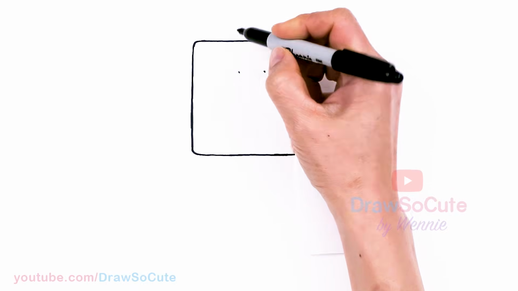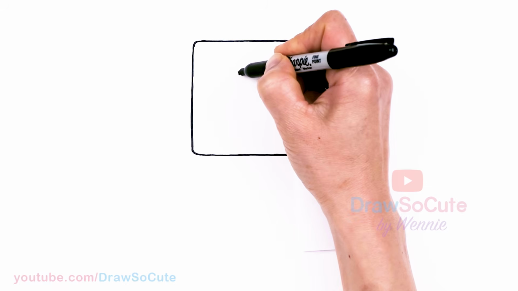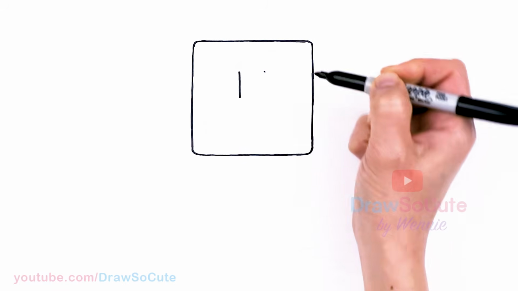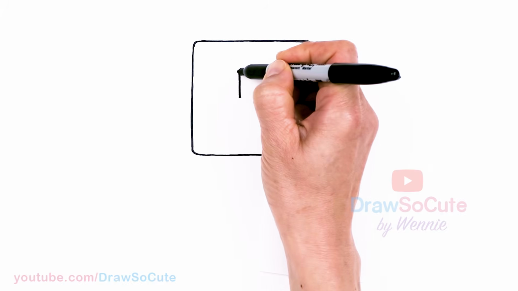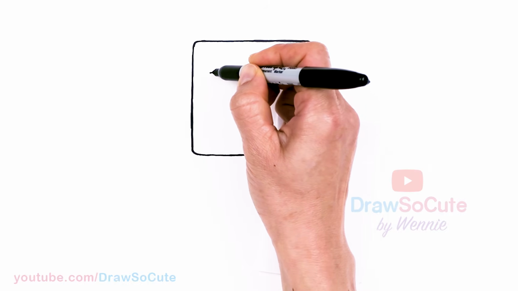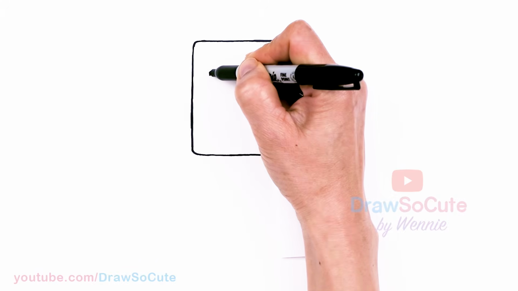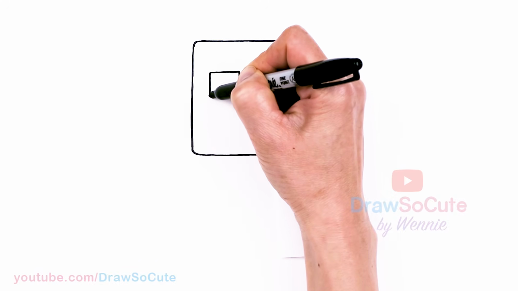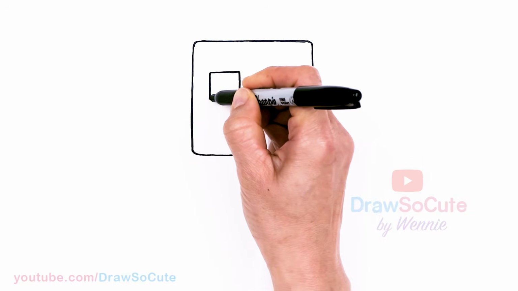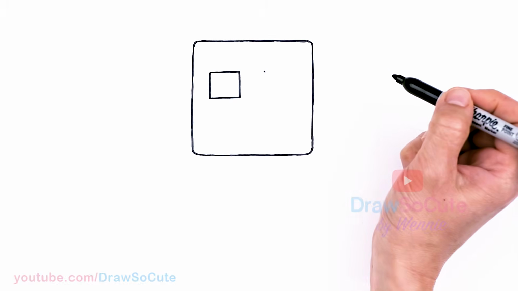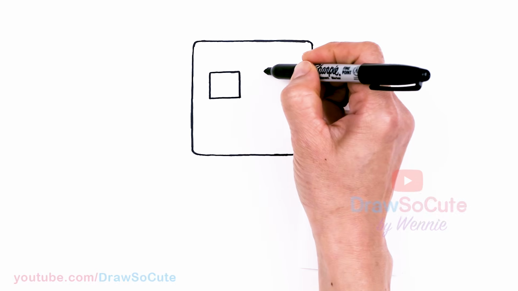But now that we have this, I'm going to come down with a line about this much and go across this much. So same thing to create our square for the eyes. There. Okay, and then same thing on the other side.